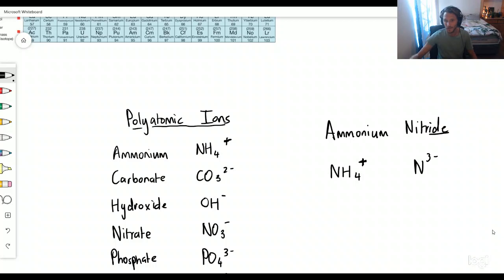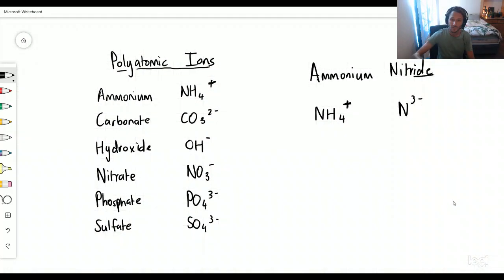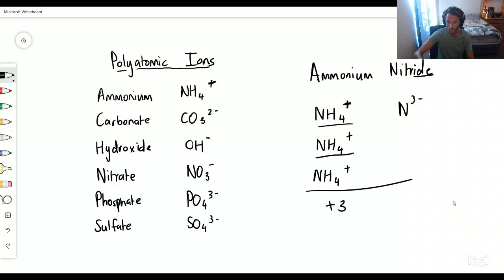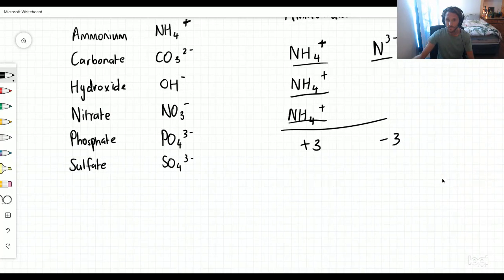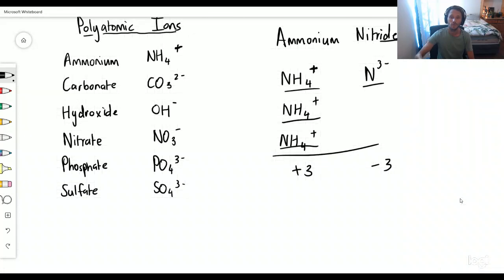So how do we balance out these charges? Well, we're going to need to add 2 more ammonium ions, which gives me a total of +3 charge, because each of these has a 1+ charge, and we've got a 3- charge here. So how would I write this now that I've got 3 polyatomic ions? This is when you will use brackets.